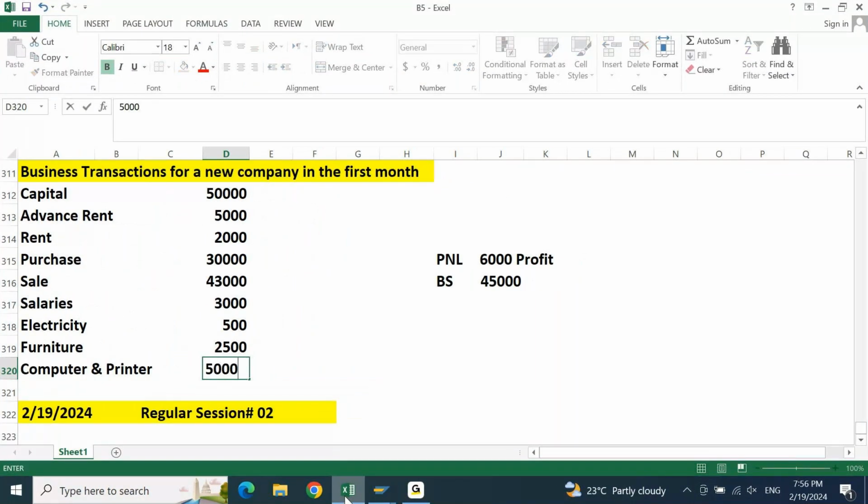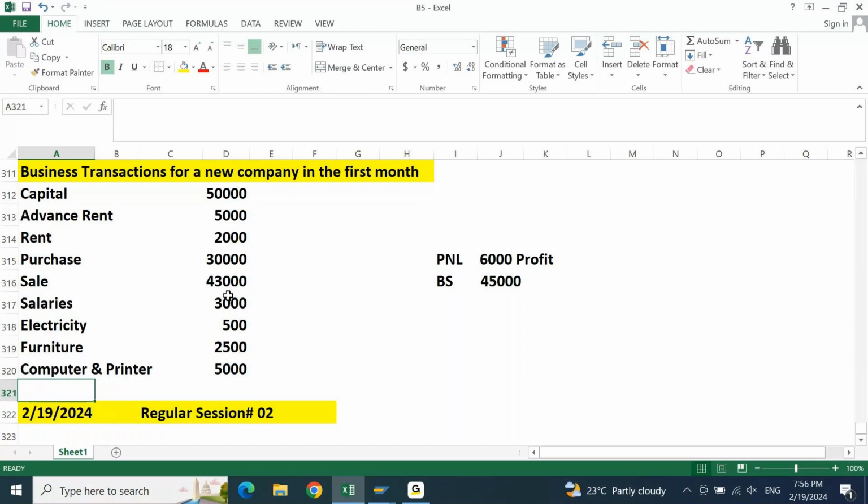We know that you don't get any computer for 5,000, but don't compare it in a practical way, whether the values are correct or not. We are trying to write the numbers to understand the transaction. That's it. When you're taking your own example, please take the example according to your understanding. You can increase the value of your capital, and as per that, you can put values accordingly.